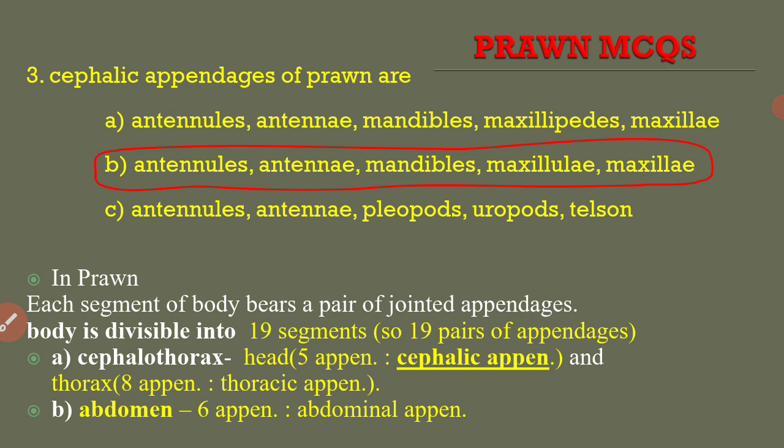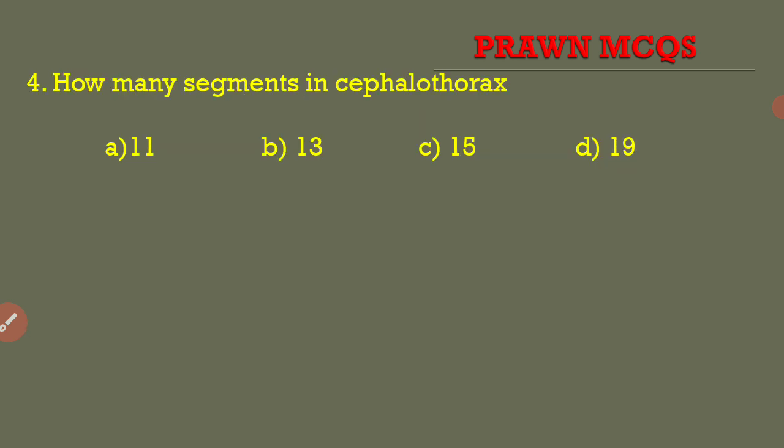Cephalic appendages are those attached to the head portion of the body, and there are 5 of them: antennules, antennae, mandibles, maxillulae and maxillae. These are the head appendages, or cephalic appendages, in prawn.